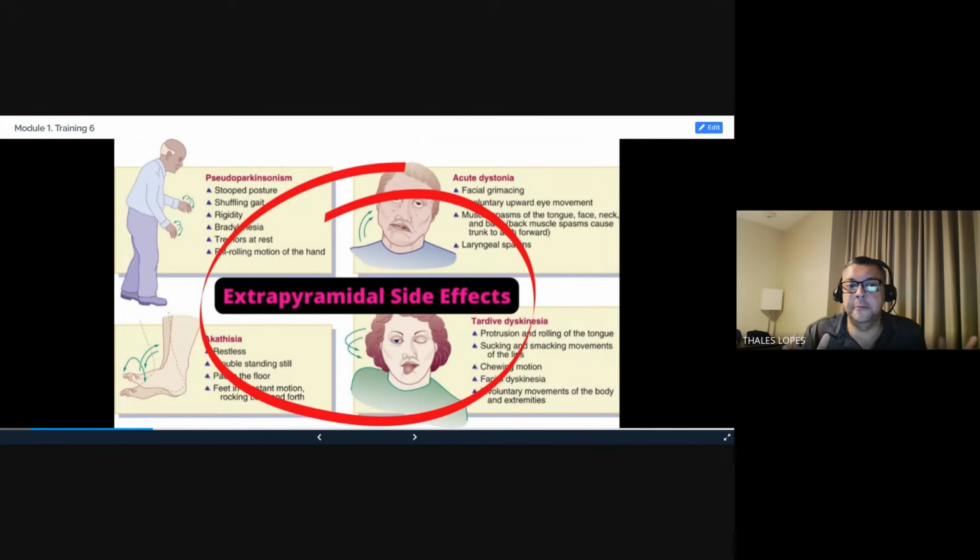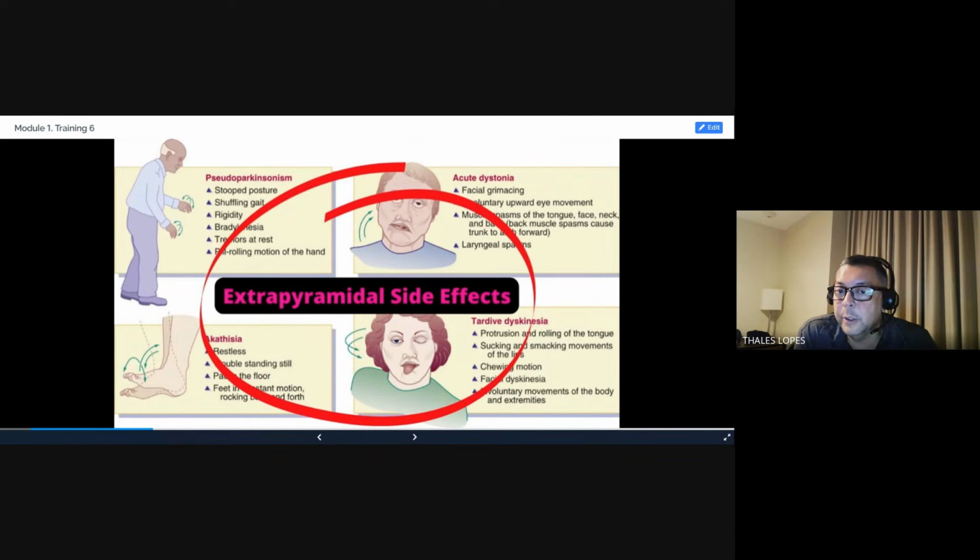So parkinsonism in relation to the dopamine pathway, you know, the shuffling gait, the rigidity, right? They're trying to move, but they can't really move. Pill-rolling motions of the hand. Akathisia is like anxiety in a sense, restless, can't stand still, pacing, right?